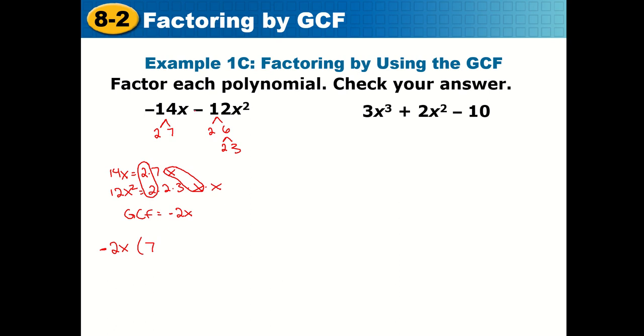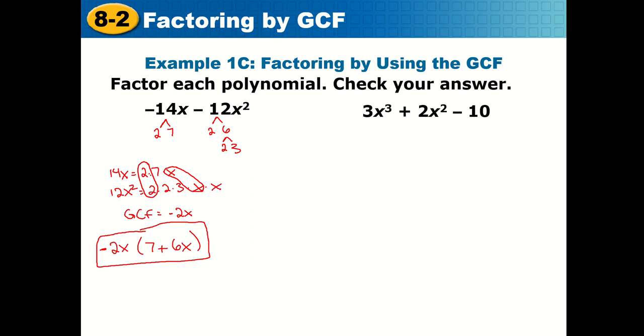And then I'm taking out the negative again, so I'm making this a positive. And then I'm left with 6x, because that's what's left, 2 times 3 times x. So we do need to take the negative out of these ones here, because it's easier that way. We want to take the negative out.